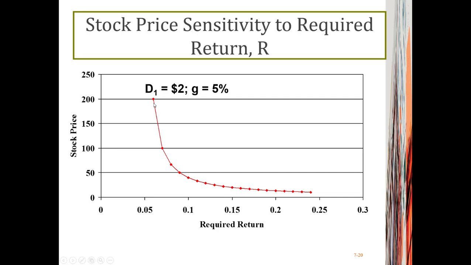But when that discount rate goes up to 20%, 25%, look, what is stock price? What is that? Less than $10. Right? So there's a significant relation between required rate of return and stock price, and that relation is negative. Higher required rate of return, lower stock price.